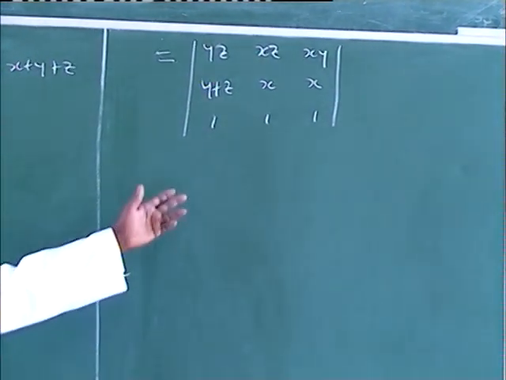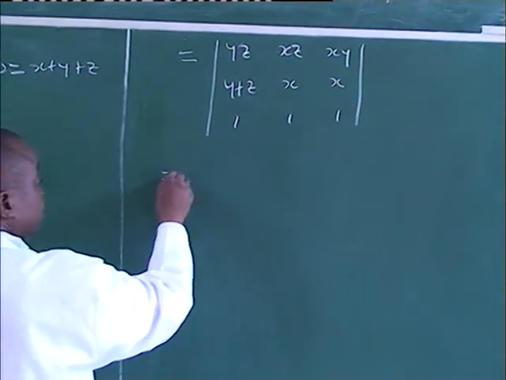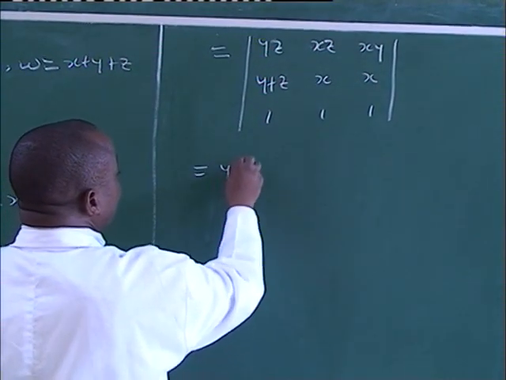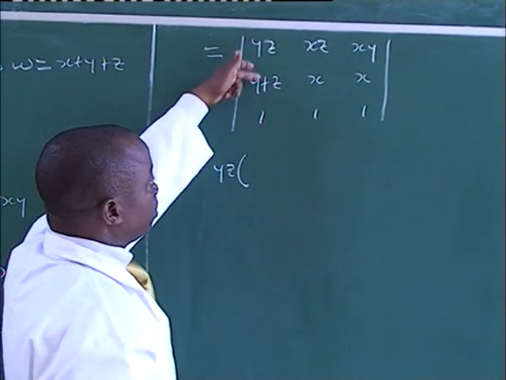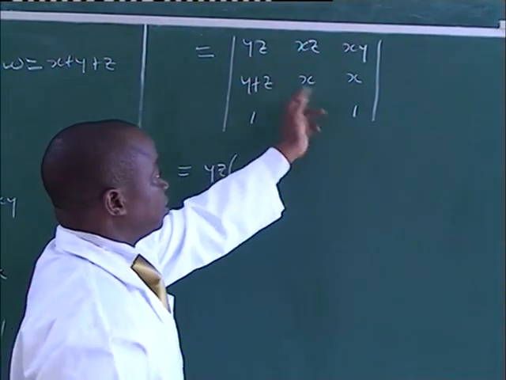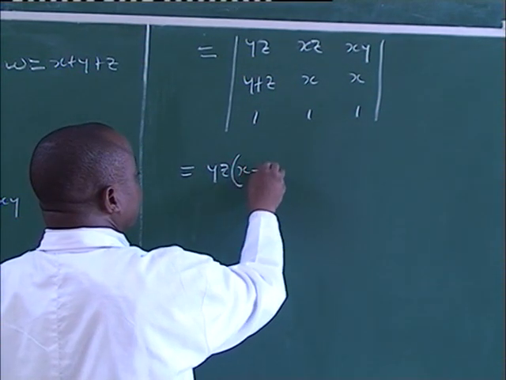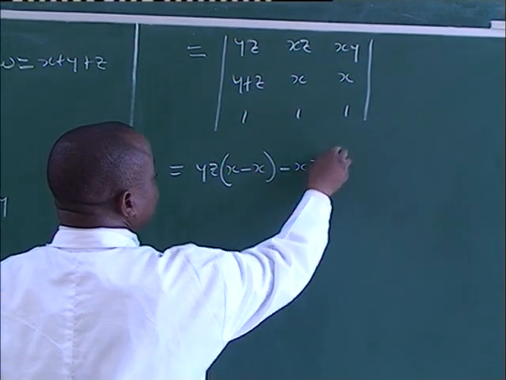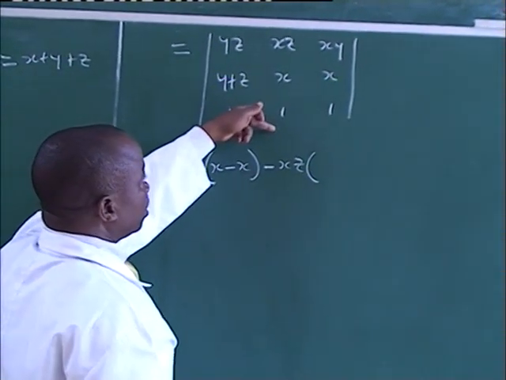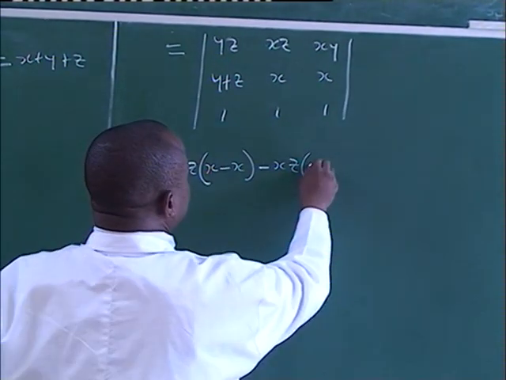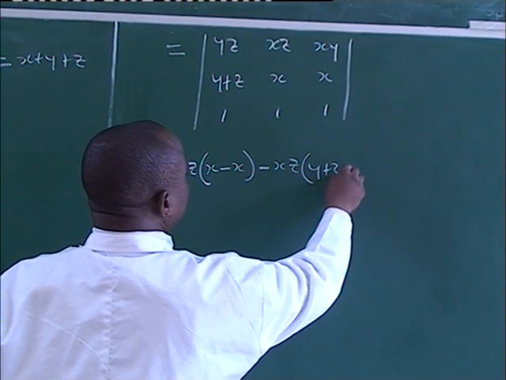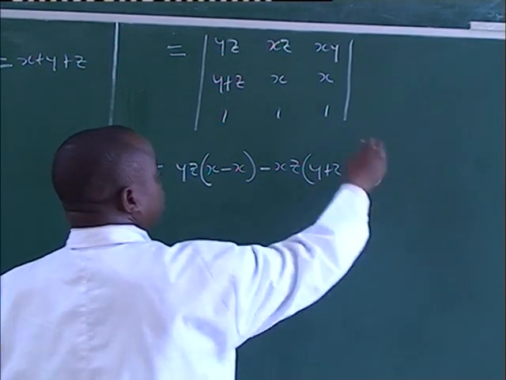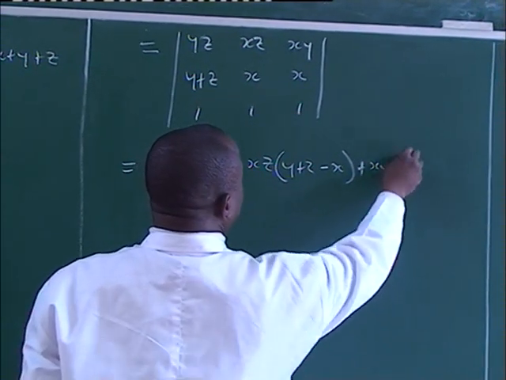Now if we do this, we can take the determinant of the third order, which we know will be yz, then when we ignore here and here, this times here will give us x minus xz. We ignore here and here, then this times this gives us y plus z, minus x plus xy.